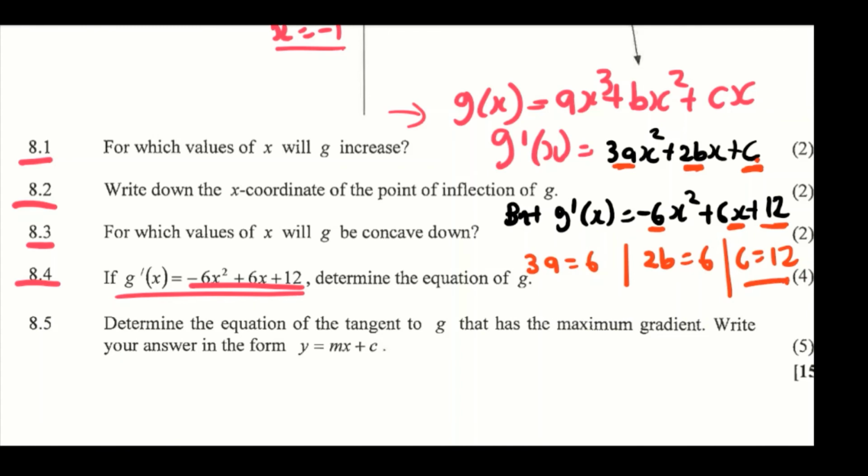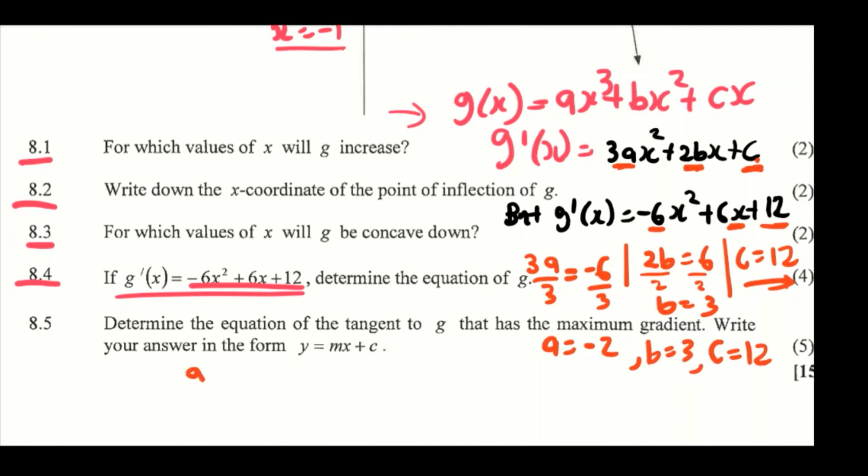So this one we just divide by 2 on both sides, so b is equal to 3. This one, by the way, is negative, let me write it nicely, so it's going to be equal to negative 6. So divide by 3, our a value is equal to minus 2, our b value is equal to 3, our c value is equal to 12.